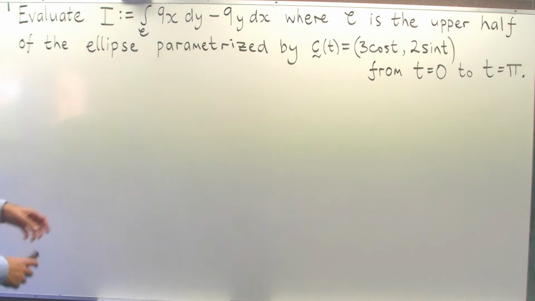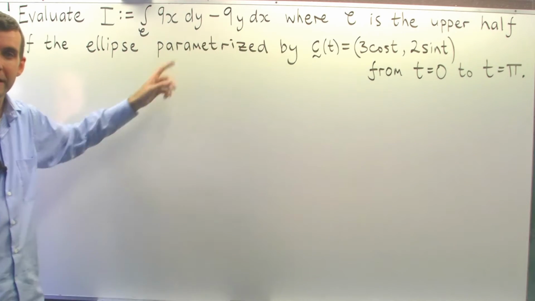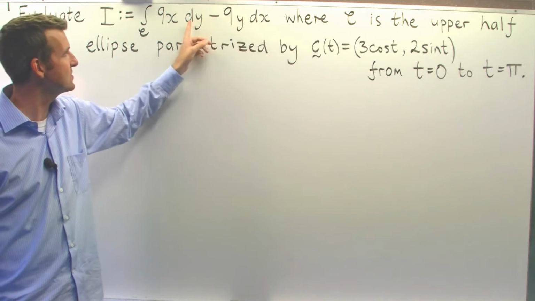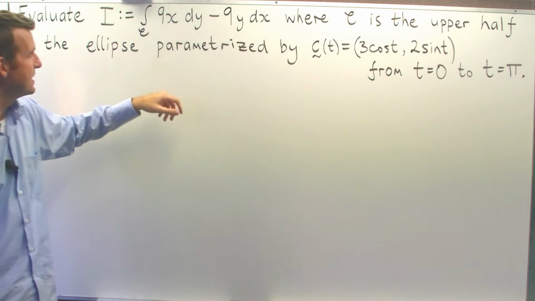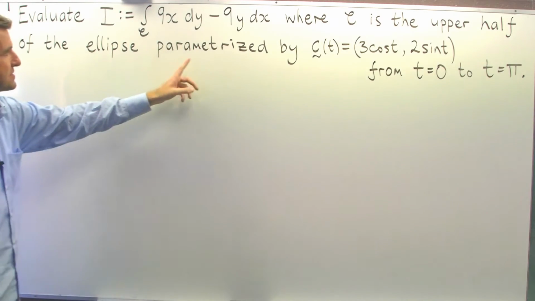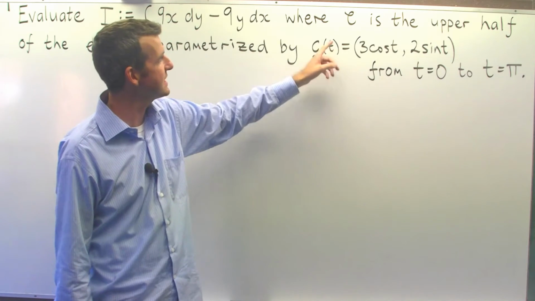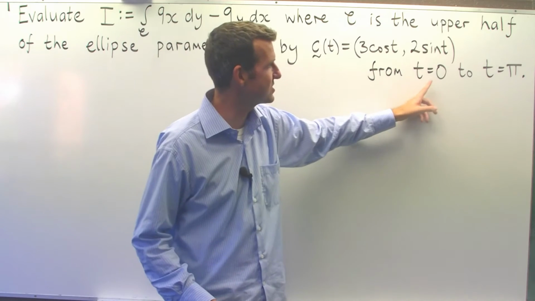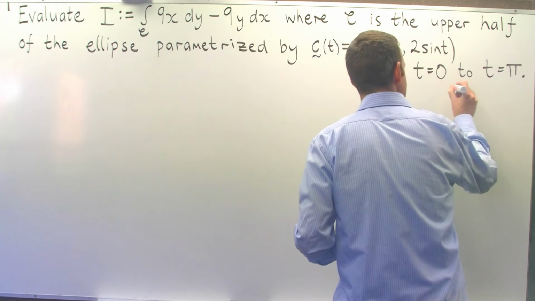Up here, this is the line integral that we are asked to evaluate. Notice that we've got some differentials here, and this curly C is the upper half of the ellipse parameterized by this vector function, C, and in particular, our curve curly C being the upper half is just from t equals 0 to t equals pi.